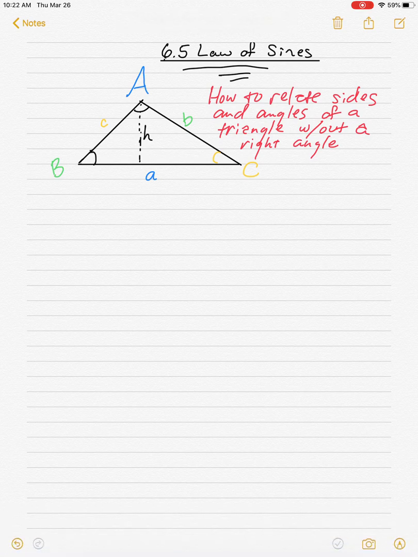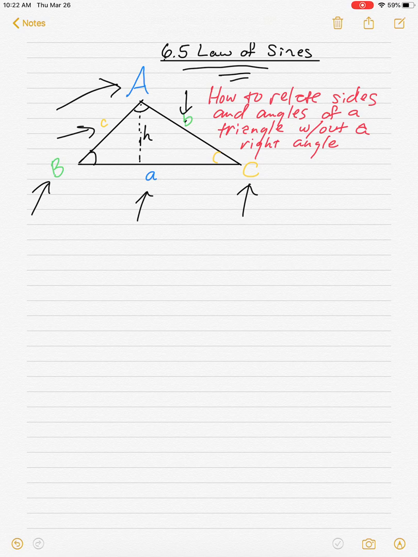So you see how I've labeled this angle as big A. Its corresponding side, the side opposite that angle, is labeled small a, versus this angle is labeled B. The side opposite that angle is labeled small b. Here's the angle C. Here's the side opposite to that angle C.